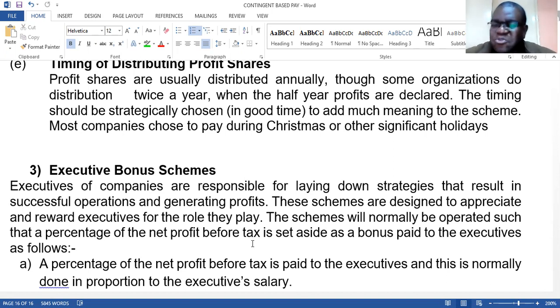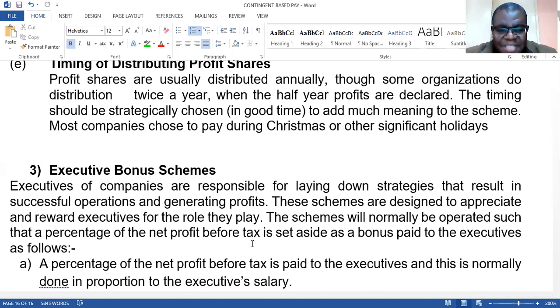We see the 32 billion, and your siblings start asking for money and all. So pay them immediately when you declare the profit, so that there is that good correlation between the declaration of the profit and the employees getting their share.